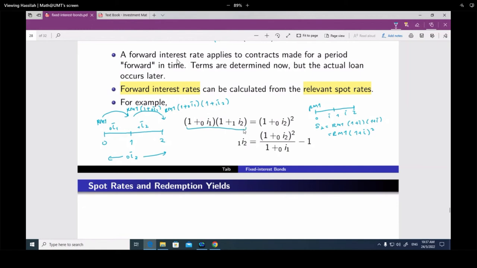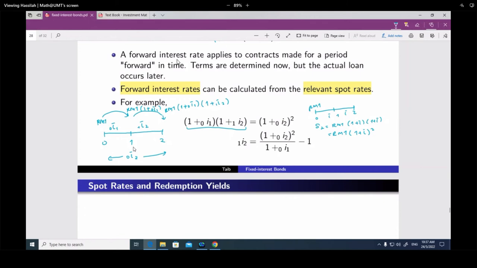Now think of the contract as a loan from time 0 payable at time 2, straight away at time 2. So it goes directly to 2 with the same interest rate. In this case 0I2 is an annual rate, but it is the annual rate for payment at time 2.